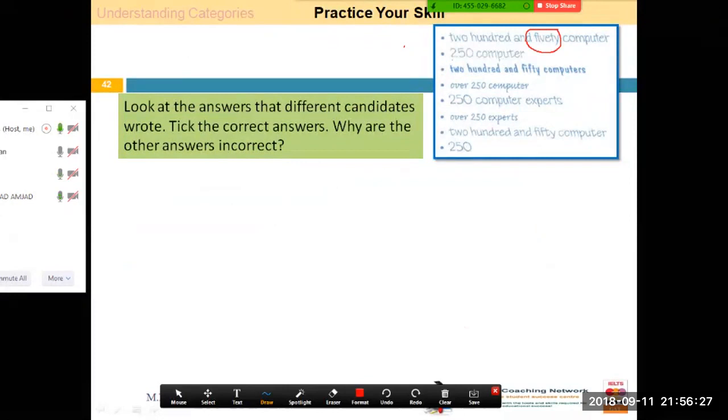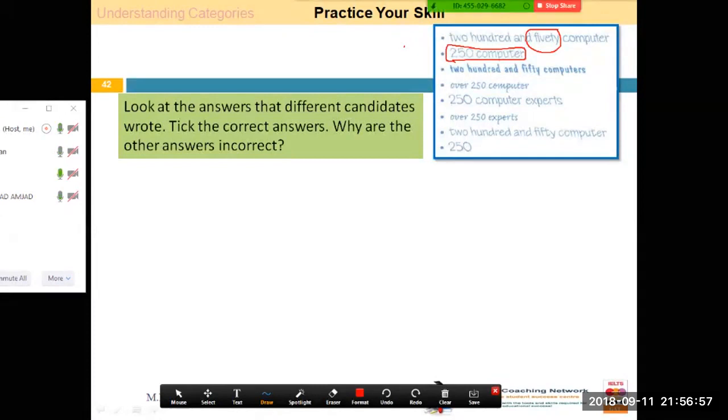Now, 250 computer. Correct or wrong? Correct, sir. And then 250 computers. It's wrong. What's wrong there?